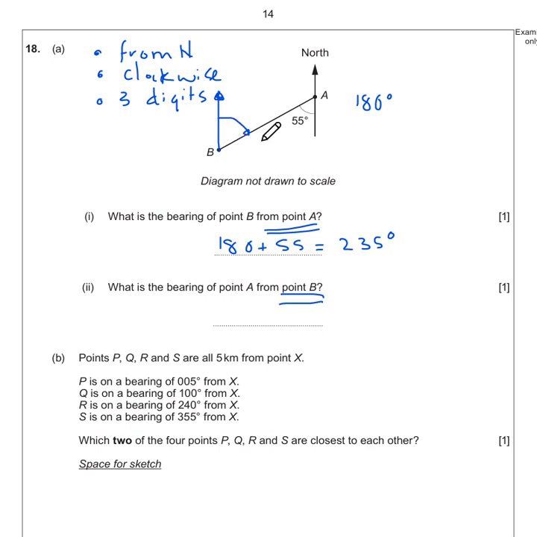So what is this angle? So often these bearings questions will bring in angles in parallel lines facts. So these 2 angles, we think about parallel lines, they're alternate angles, they are going to be the same. So this angle here is going to be 55 degrees.